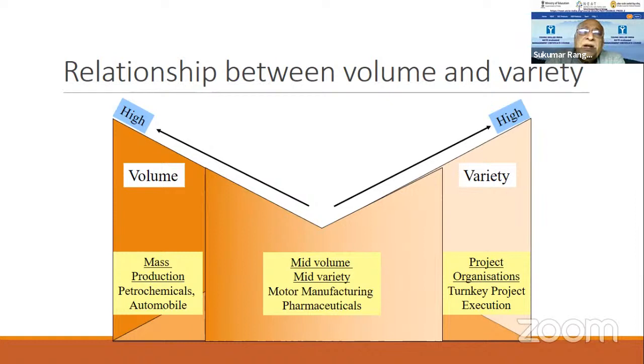Then high variety and low volume. This is where you have project organizations, turnkey projects, and people who make special purpose machines, let us say. You can even include hospitals in this, because the variety is limited of services which any hospital provides, especially, let us say, a heart hospital specialized only in cardiac.